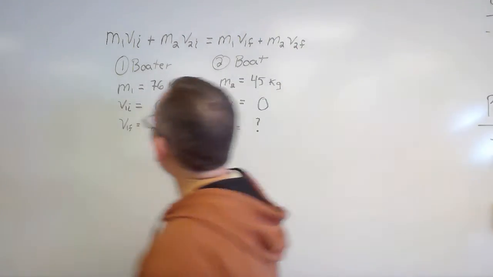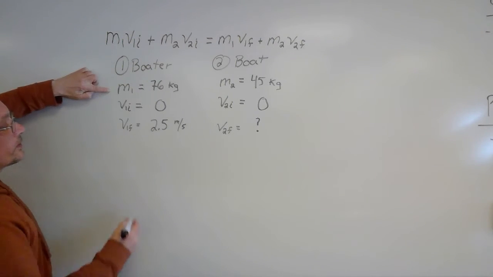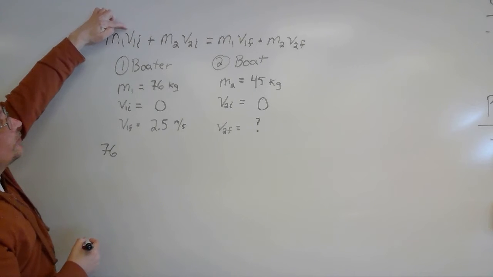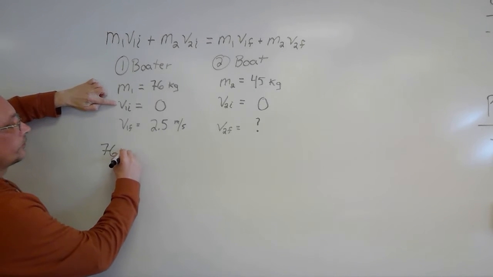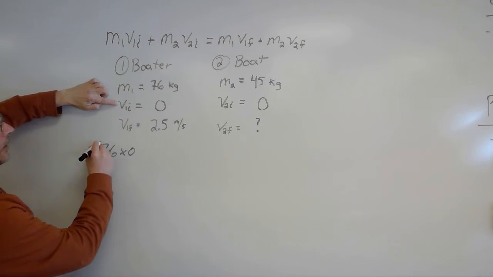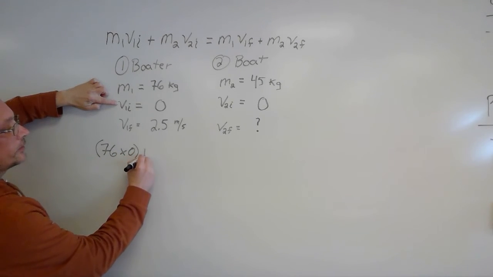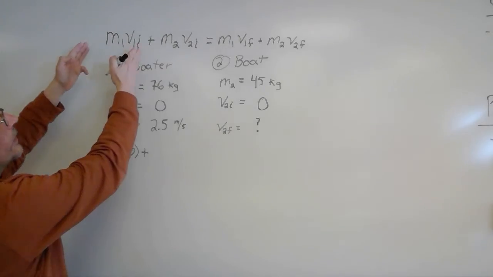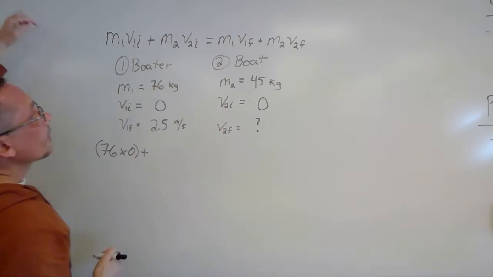So M1 was 76, and V1I was 0. I like to put these in parentheses, separated by a plus, because it helps me visually keep track of each of the 4 terms in there.